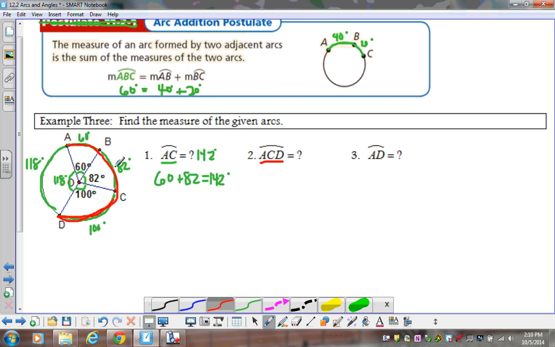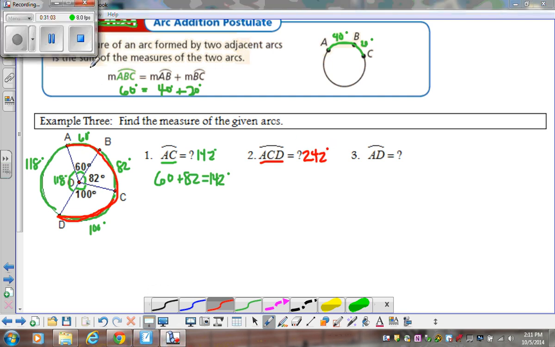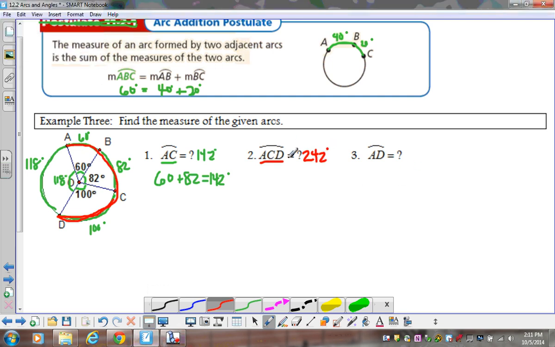So those 3 individual smaller arcs add together to equal this major arc. If I add each of these up, that's going to give me 242 degrees. So the measure of arc ACD is 242 degrees.